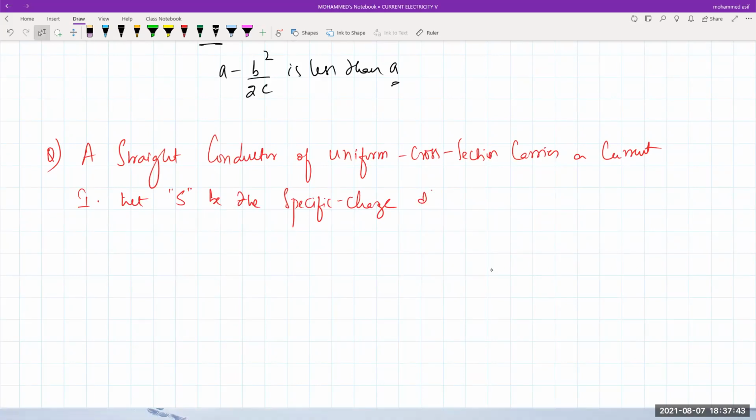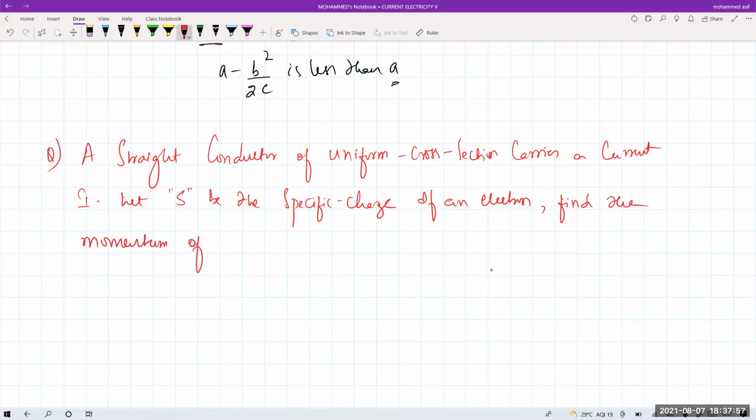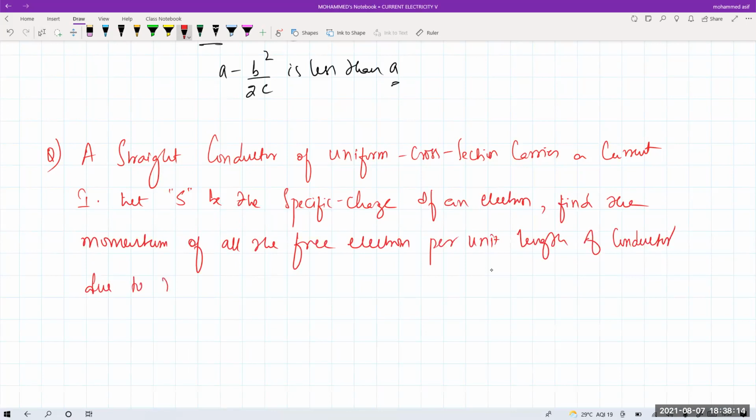The question is to find the momentum of all the free electrons per unit length of conductor due to their drift velocity.